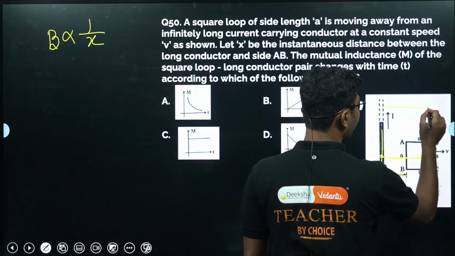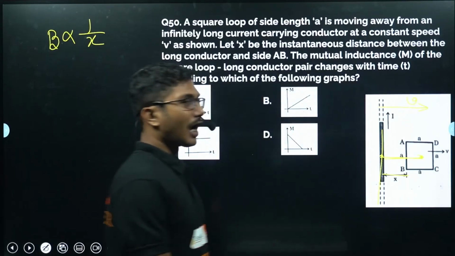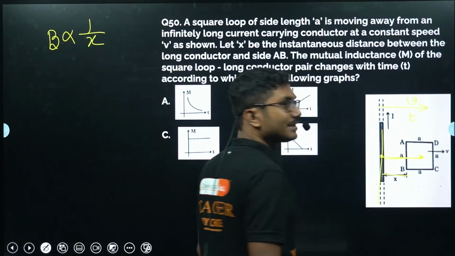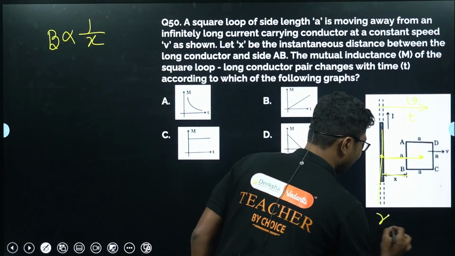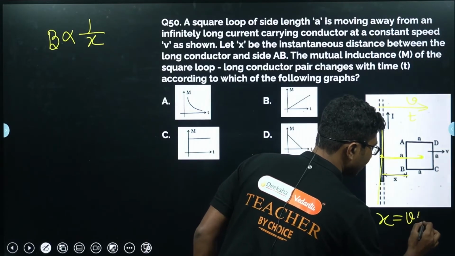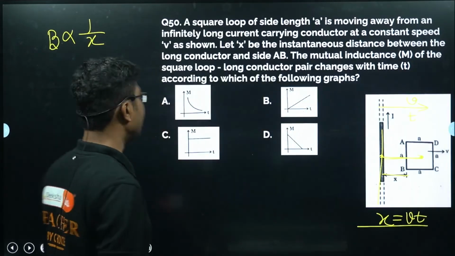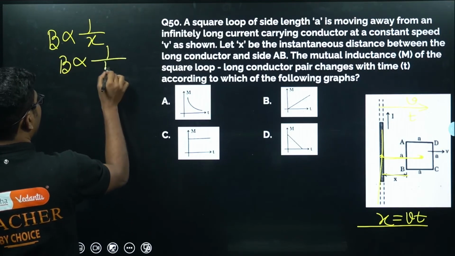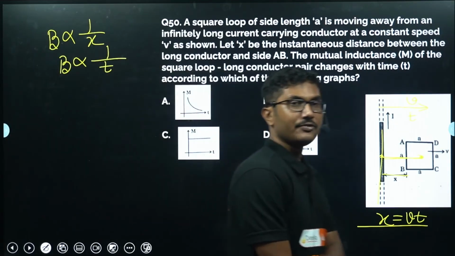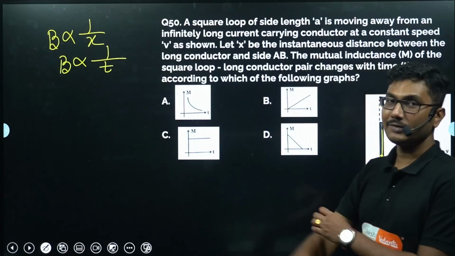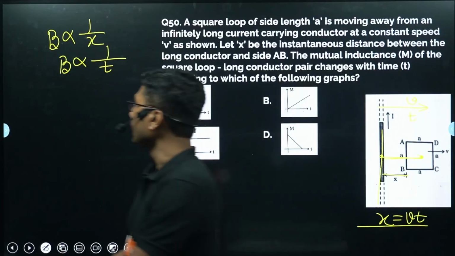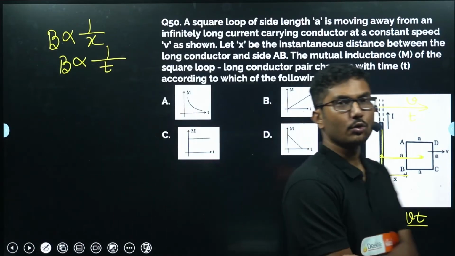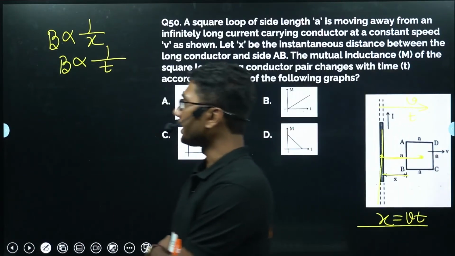So after some time t, what will be the distance? Distance s is equal to vt. Here x will be equal to vt. So we know that the magnetic field must then be inversely proportional to time t. V is constant, so we are not taking v here. We are only taking time t. So magnetic field B is inversely proportional to the time t.